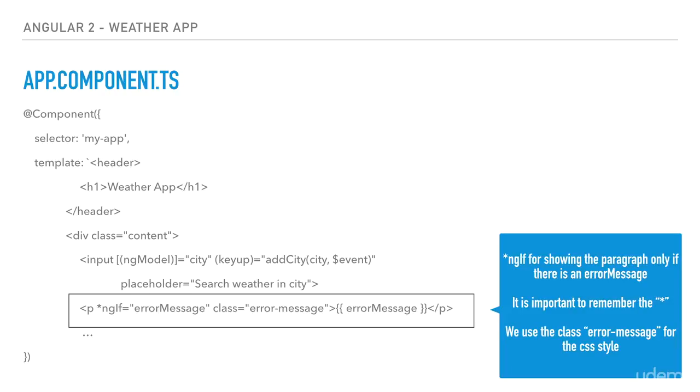It's like this. We take our template, then we add a paragraph, for example, and then we use ngIf. If the variable error message is not empty, then we will display this paragraph and we will put the error message. We also apply a class to this paragraph just to customize the color and that it looks like an error.